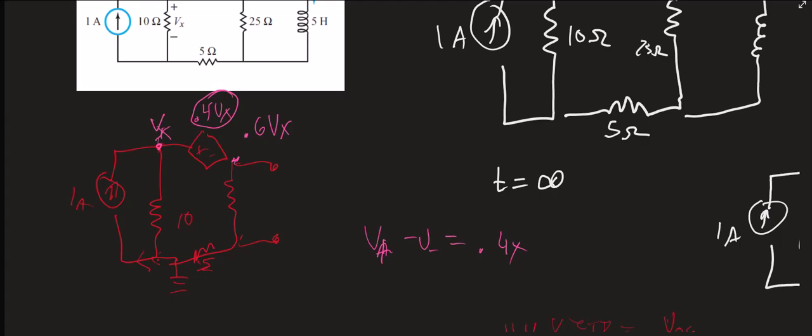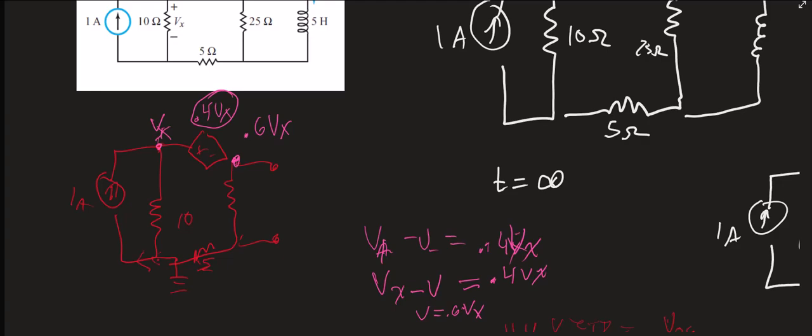So we know that on one side we have Vx. On the other side we have, I'll just call it V, and the difference there has to be 0.4 Vx. If you solve for that, you get that V is 0.6 Vx. Okay, so the voltage right there is 0.6 Vx.